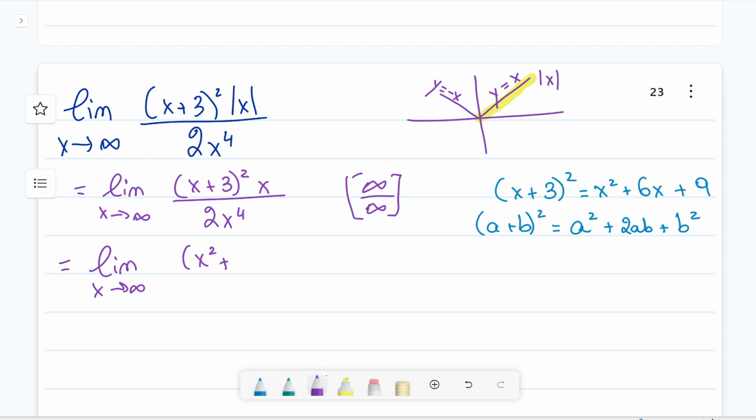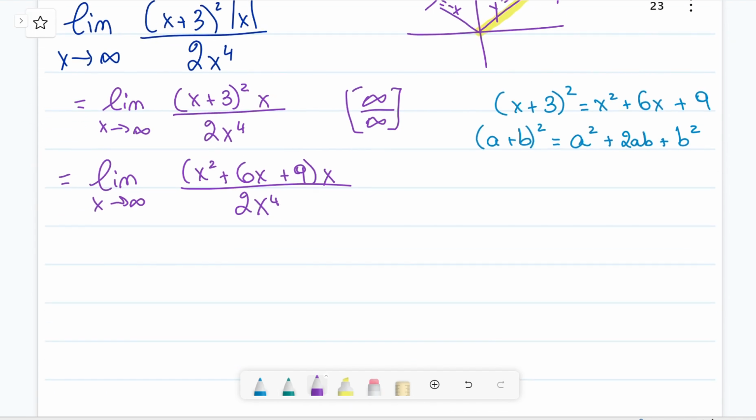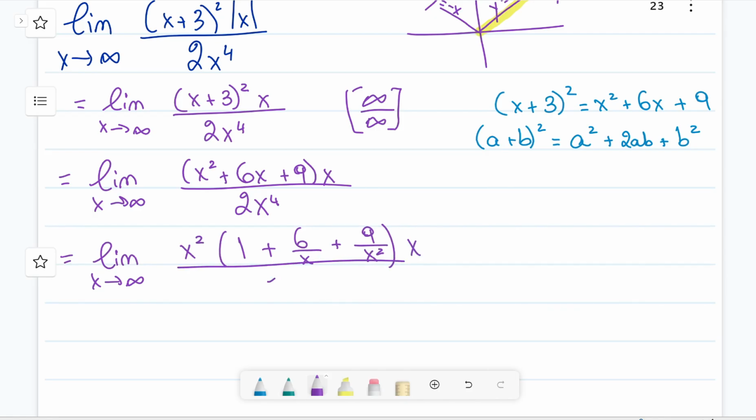So we get x squared plus 6x plus 9 times x divided by 2x to the power of 4. Now, let's factor out the largest power of x from the parentheses. We take out the x squared. This leaves us with 1 plus 6x divided by x squared, which is 6 over x, plus 9 divided by x squared, times x divided by 2x to the power of 4.